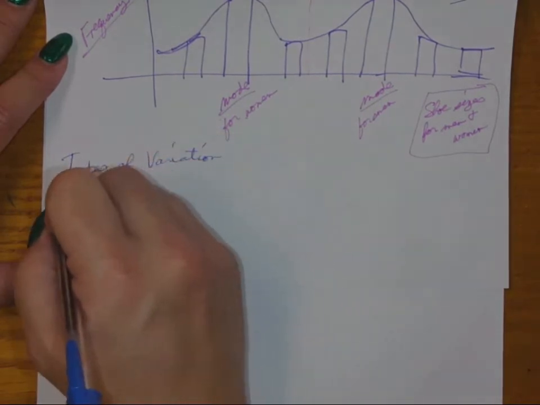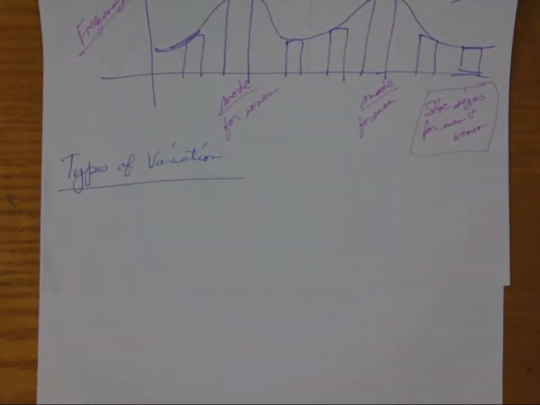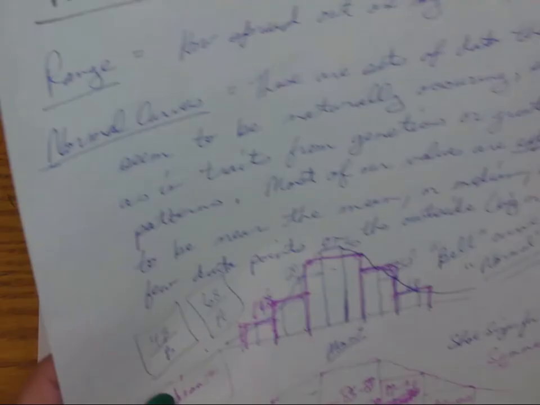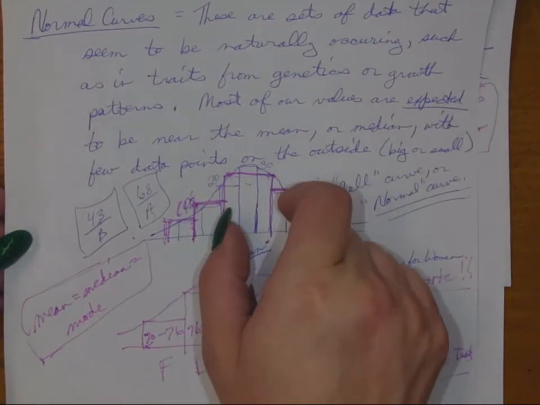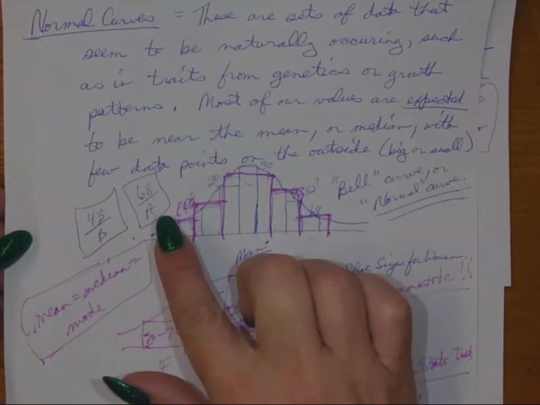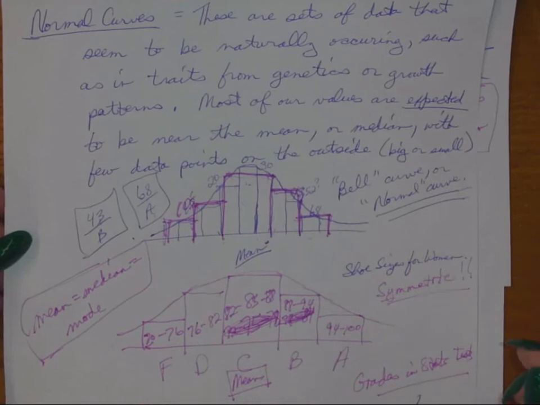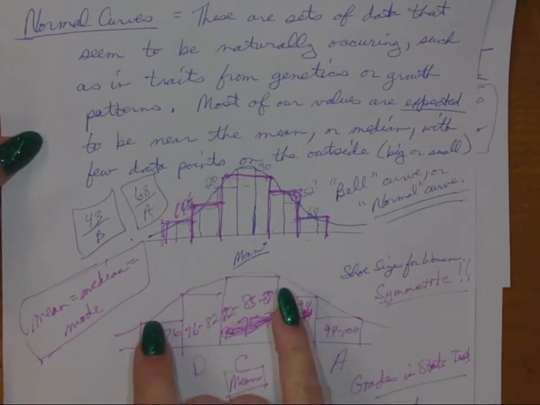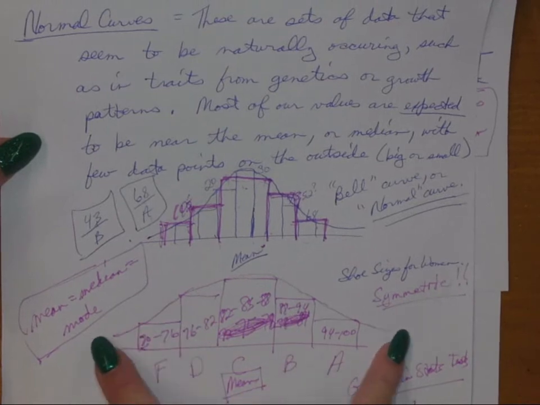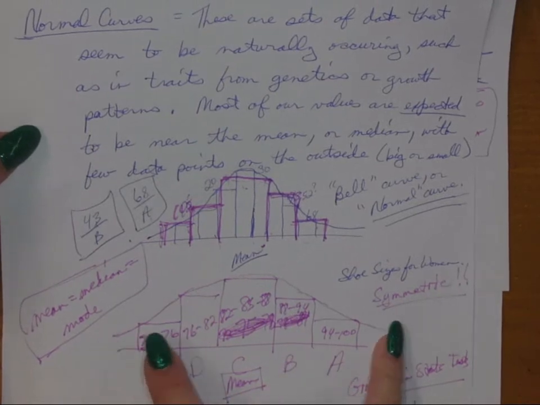Okay, and I said I was going to come back to these two normal curves that I had earlier. This one, if you'll notice, was really tight together. It was kind of scrunched together, right? And didn't have really long tails or anything like that. But this one seems lower and more drawn out, more spread out.